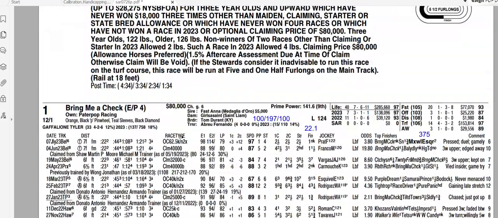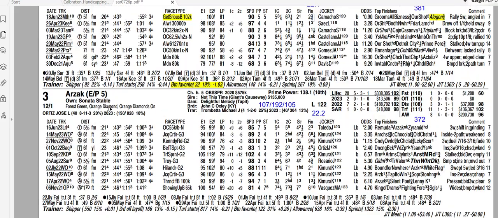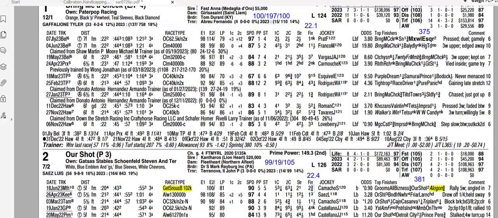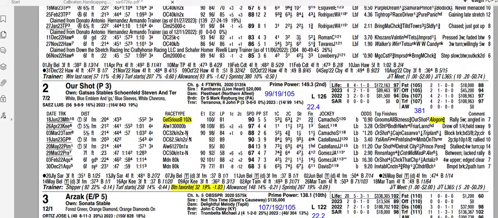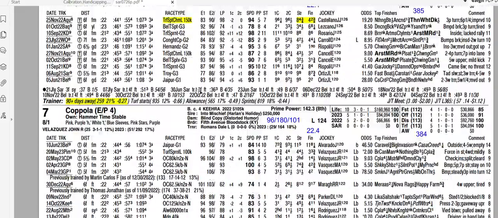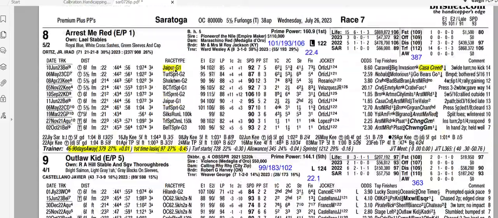Okay. Now he's coming from Laurel. He's taken the biggest step up in class out of every one of them. We got a couple horses coming out of grade 1, non-graded stakes, grade 1.